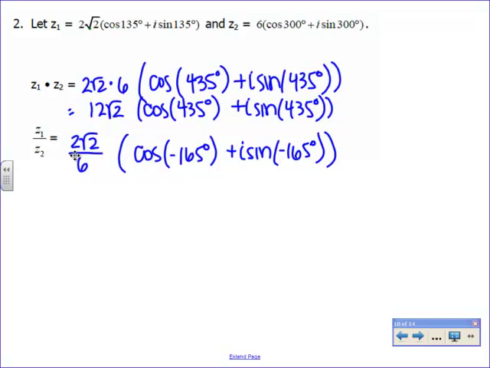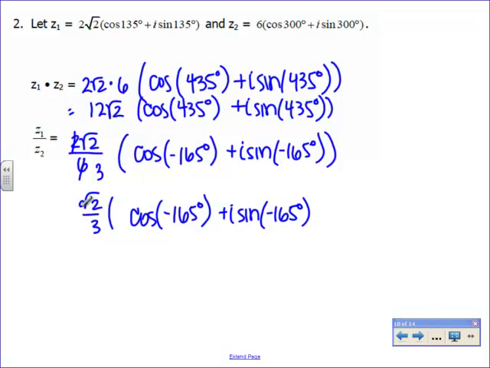Okay, we can simplify out front. 2/6 can simplify to 1/3, so I have radical 2 over 3 cosine negative 165 plus i sine negative 165. That's my final answer in trig form. And that's it for today. Those are all the basics of complex numbers that we're going to need moving forward over the next several days.